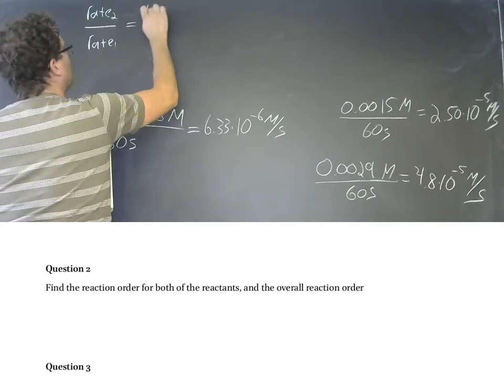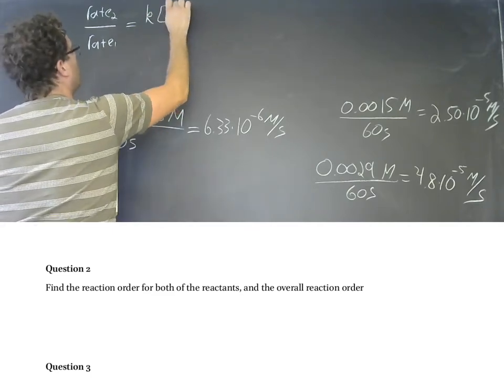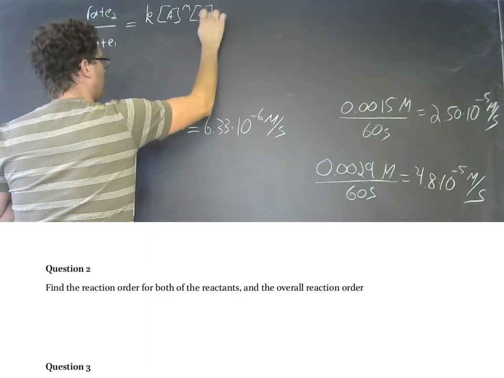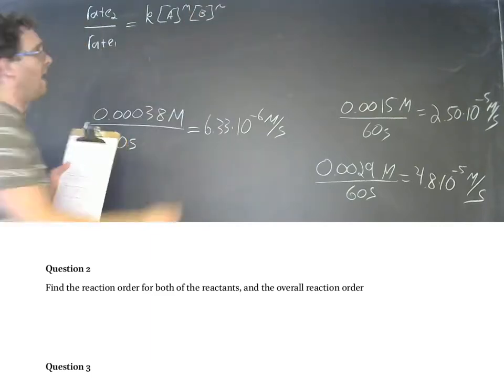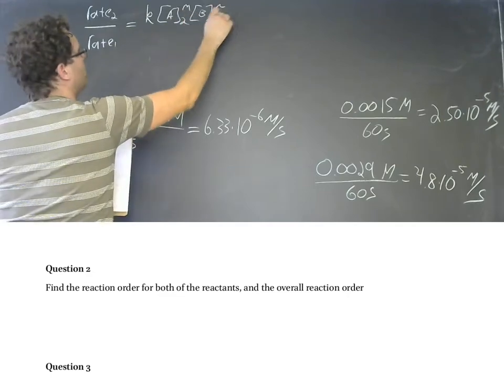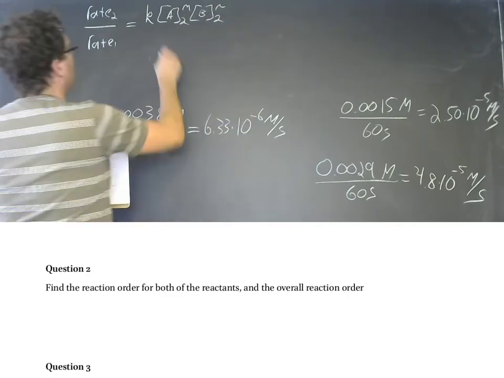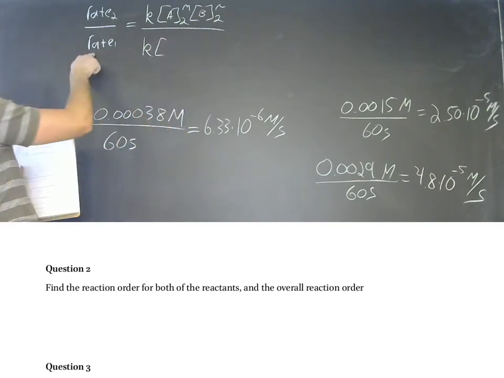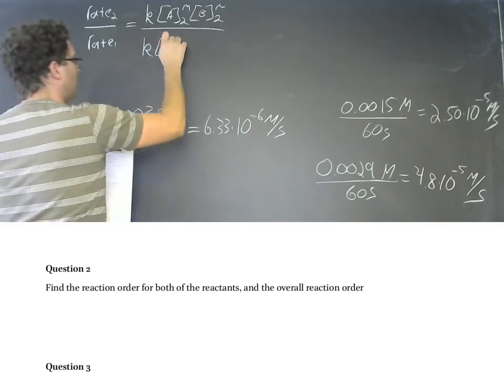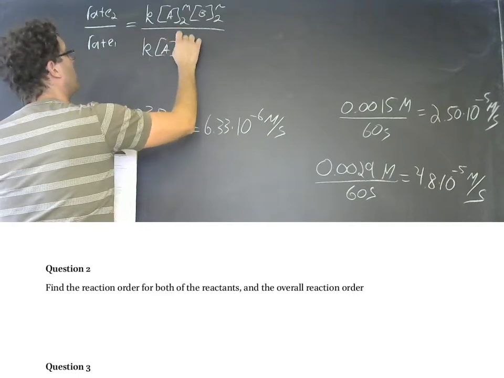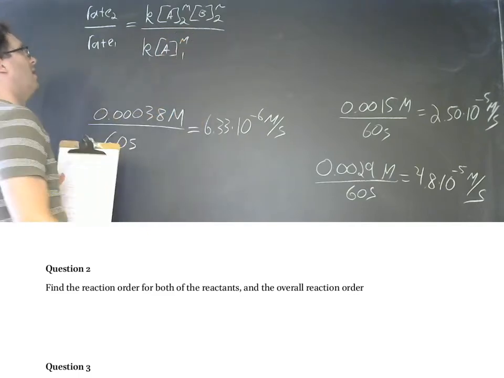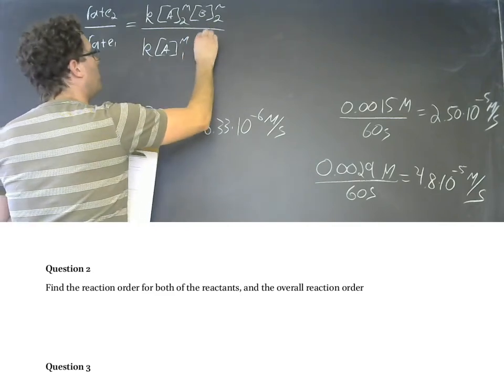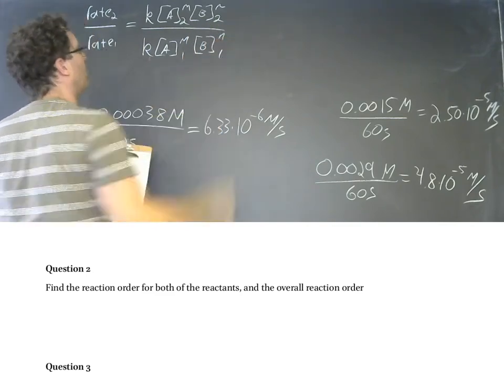Well, that's the rate constant times the concentration of A raised to M times the concentration of B raised to N, under conditions for trial 2. And then we'll divide that by rate 1, which is equal to the rate constant times concentration of A raised to M under the concentration conditions of rate 1, and B raised to the N of rate 1.